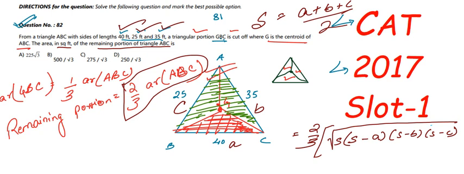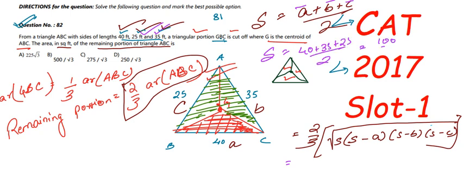So let us start with our calculations. First let us find the s. S is equal to a plus b plus c by 2. So here we have a as 40, b as 35, and c as 25. So this will be 40 plus 35 plus 25 divided by 2, which is equal to 100 by 2, which is 50. So our s is 50.